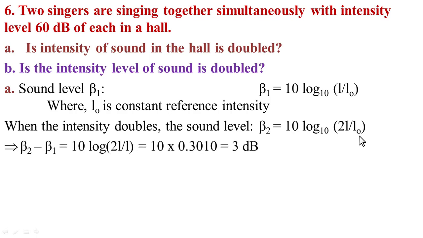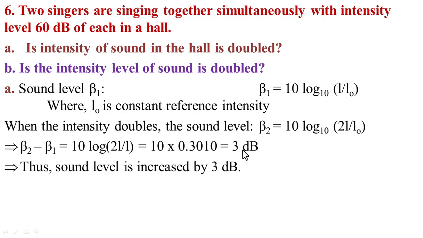Taking the difference of both quantities, beta 2 minus beta 1 is equal to 10 log of 2I over I. I cancels out, then taking the log of 2, which is 0.3010, 10 multiplied by 0.3010 is equal to 3 decibel. Thus the sound level is increased by 3 decibel.